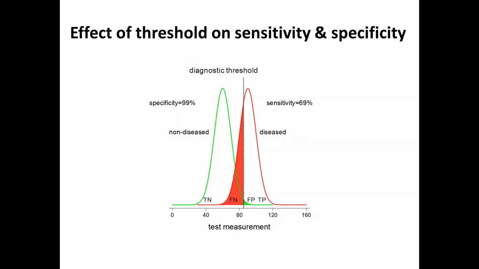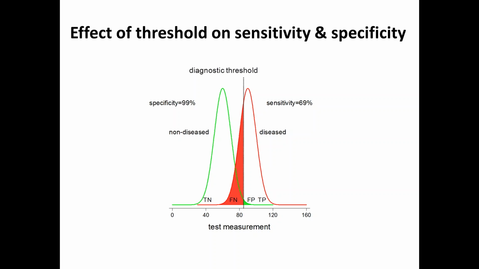It might be that we get a number, so the test is measured on some sort of continuum and we get an actual value. And we then have to apply a threshold, or some people will refer to it as a cut point or a cutoff, to dichotomize the results to work out whether this person has the disease or not.